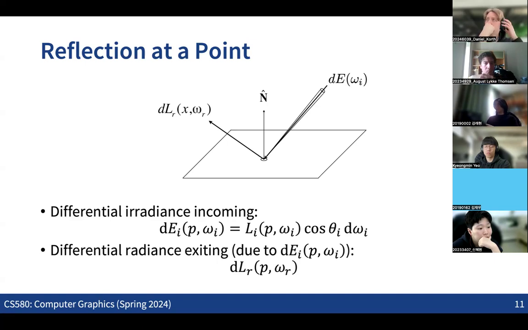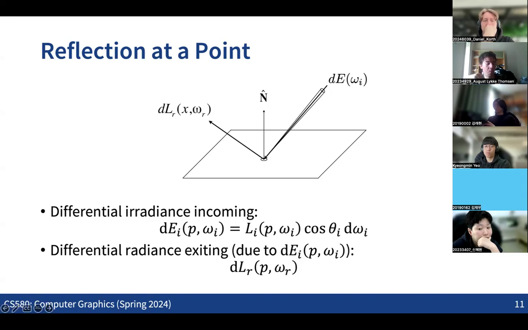This is a little bit different from what we can easily imagine. We might consider the ratio between the differential incoming irradiance and the differential outgoing irradiance. But actually, for most materials, the characteristics are captured by the ratio between not the incoming radiance, but the differential incoming irradiance, and the differential outgoing radiance.